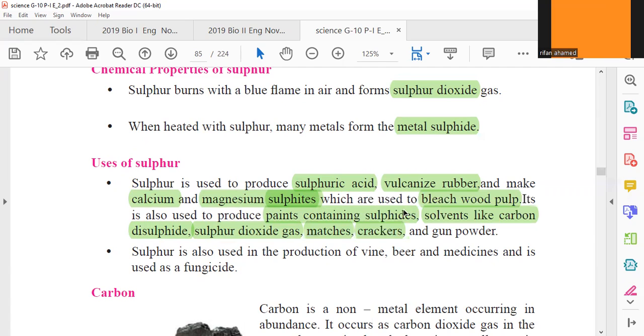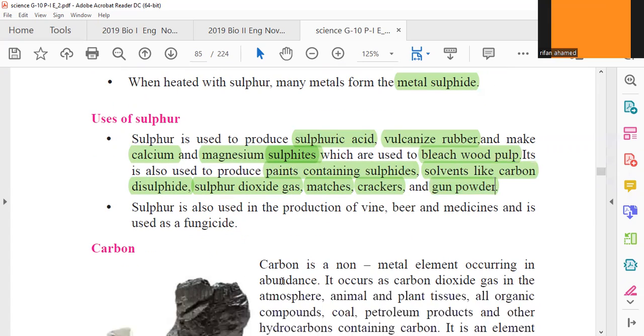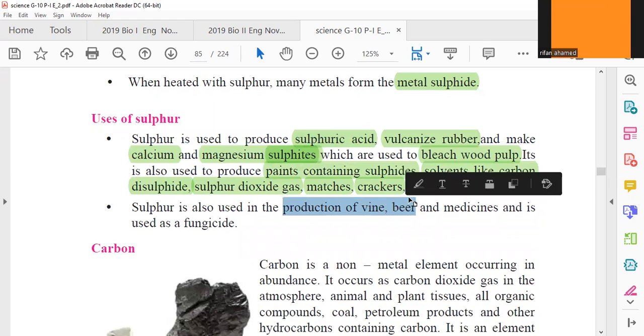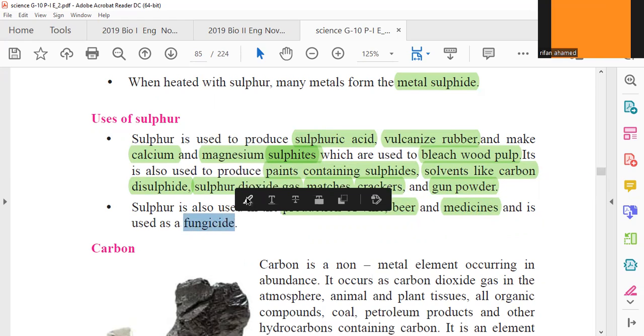When a matchstick burns, when crackers burn, some bad smell comes. That is due to sulfur dioxide. And it is even used to make gunpowder. Further, sulfur is used to produce wine, beer like drinks. Sulfur is used to make medicines, and sulfur is used as a fungicide. That means to kill fungus.